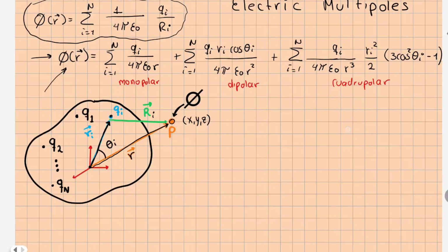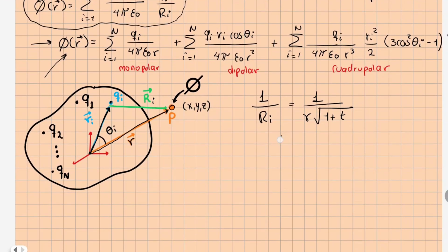Remember that we got these terms by making 1 over Ri equal to 1 over R times the square root of 1 plus t, where t was defined to be Ri squared over R squared minus 2 Ri over R cosine of theta i.